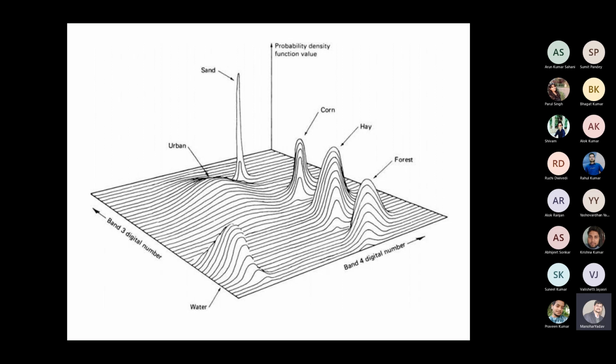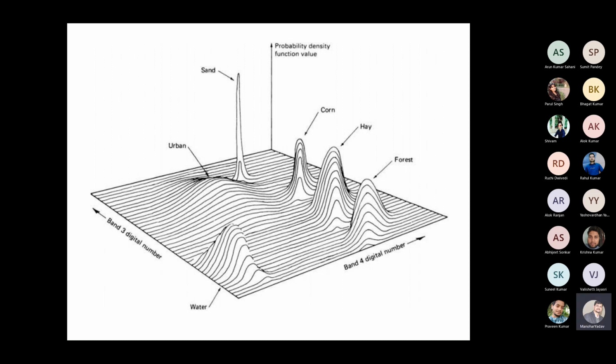We have calculated the mean value and variance. Using the mean value and variance, you can generate a probability density function. The PDF shows the frequency distribution; in this case, the z-axis represents the frequency distribution, and B3, B4 represent where that pixel is.